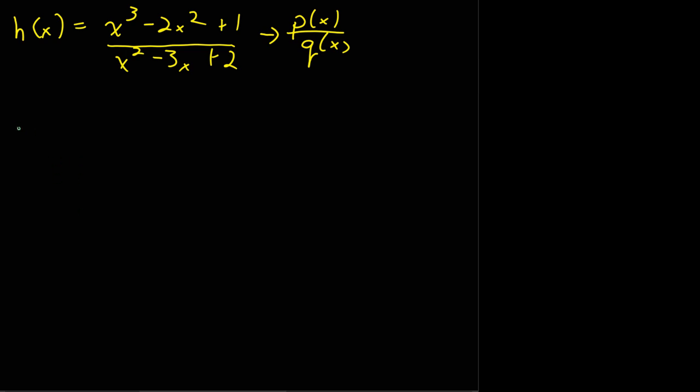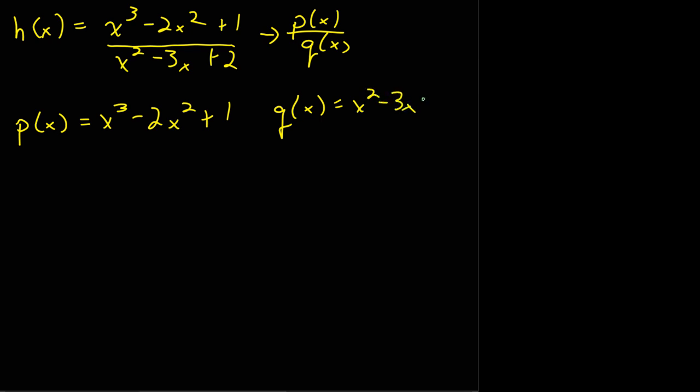So we'll look at the numerator, p of x. That's a polynomial, so that's good. And q of x is a polynomial. So this is going to meet our criteria of a rational function. It is a division, and it has a polynomial in the numerator and denominator.